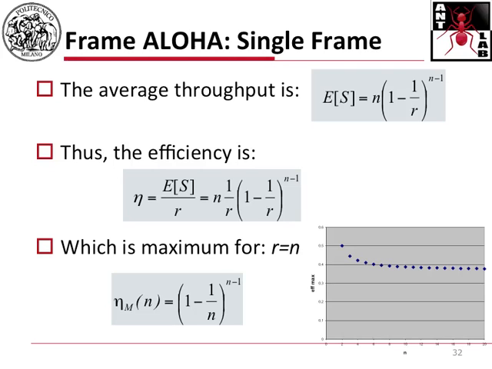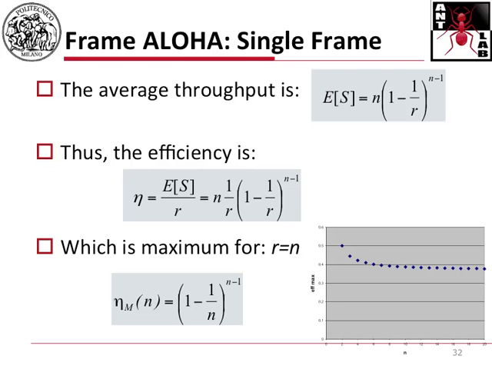Then, since I'm interested in the average number of transmissions out of all the tags, out of all the available slots, I have to multiply this by R, because this tag can actually choose uniformly any of the R slots in the frame. Okay? And then I have n tags in my system, which means that I have to multiply all this by n, which is the number of tags I have in the system.